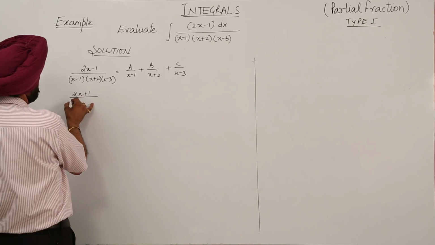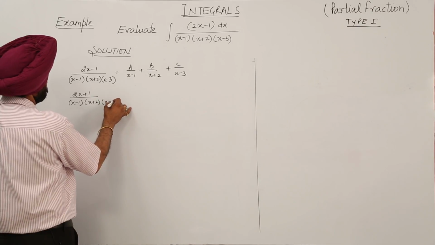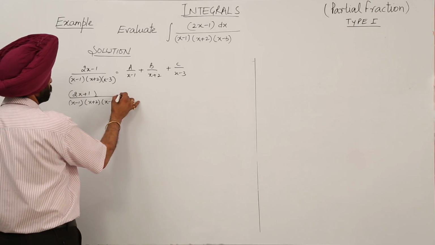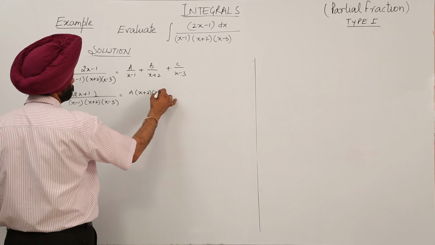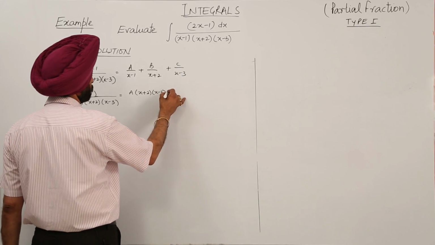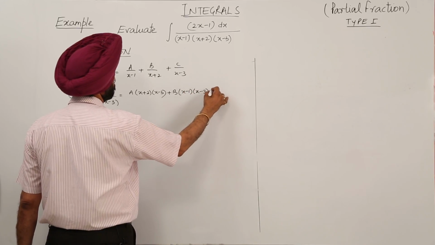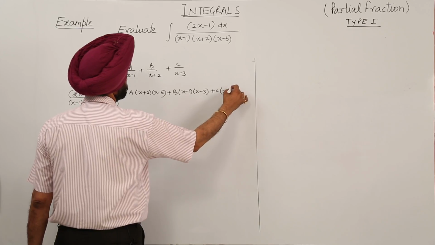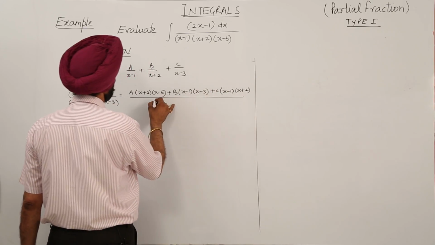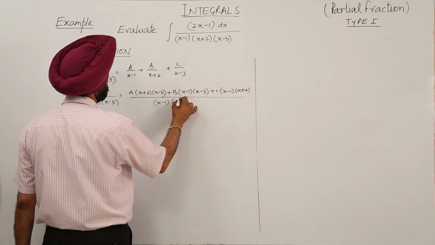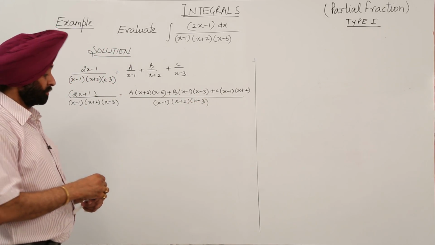(2x + 1)/((x - 1)(x + 2)(x - 3)) is equal to [A(x + 2)(x - 3) + B(x - 1)(x - 3) + C(x - 1)(x + 2)] upon (x - 1)(x + 2)(x - 3), after taking the LCM.